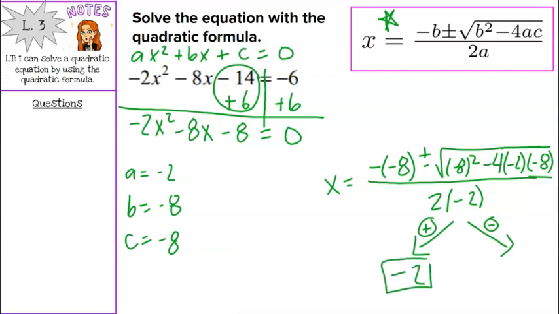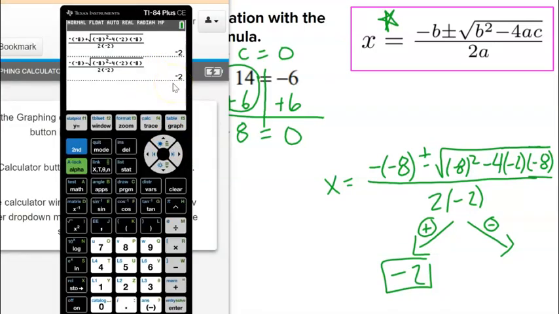I would like you to, again, do the minus version of the equation in your calculator and see what you get for your answer. So if you got -2 again, you are correct. As you can see on my calculator, I have the plus version and the minus version, and that gave us -2.